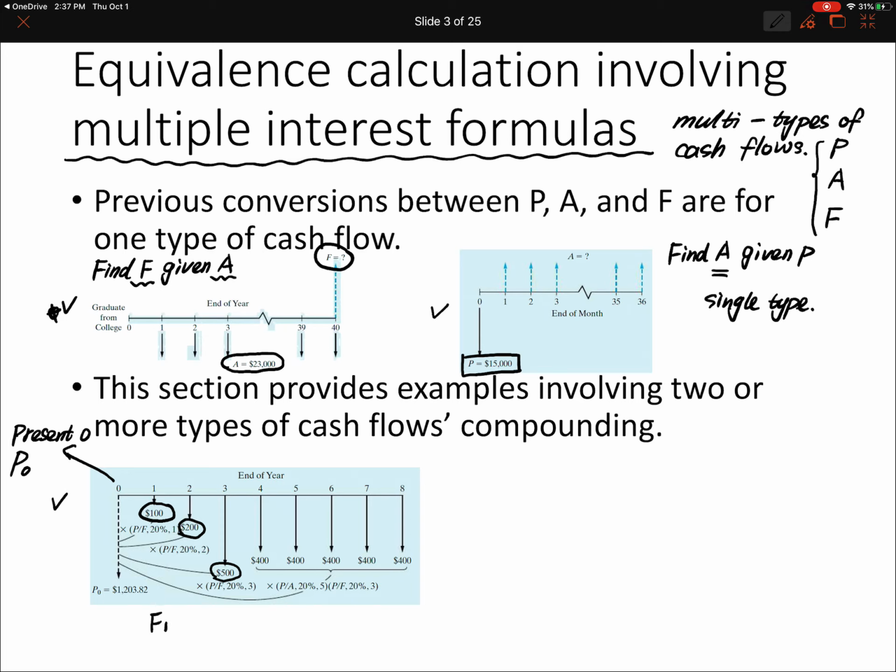So on this diagram, you have a future cash flow at time 1, another future cash flow at time 2, and another cash flow at time 3. So there are multiple cash flows. Although they are the same type, they are all future values, there are multiple ones with different amounts.